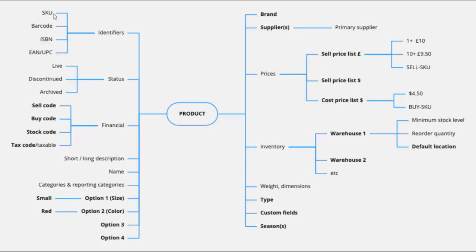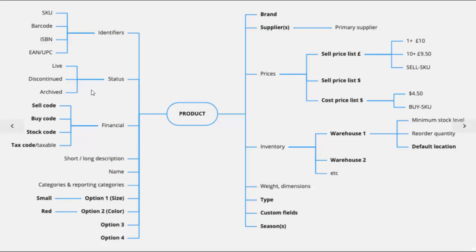Brightpearl does not enforce unique SKUs, but we strongly recommend that all your products, services and bundles have a unique SKU. A SKU can be up to 32 characters long. Additional identifiers such as barcode, ISBN, EAN or UPC can be added too, and these are searchable.